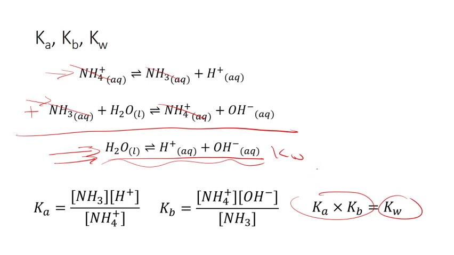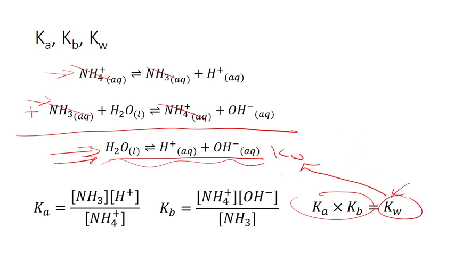It works the exact same way here with Ka and Kb, our equilibrium constants for acids and bases. When we combine our two equations to get the autoionization of water equation, we can calculate the equilibrium constant for the autoionization of water by multiplying those two together.